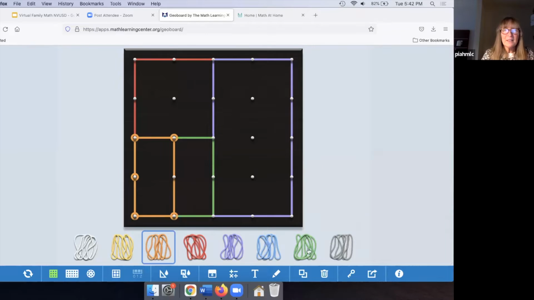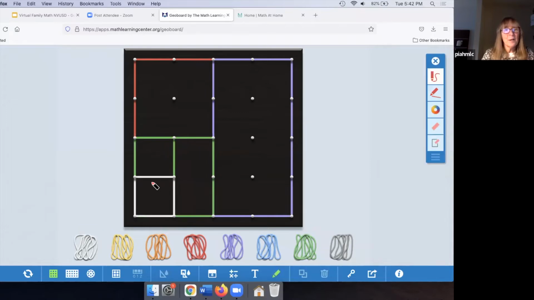And then finally, the half of an eighth, I can create another example of a 16th. So again, I have one of 16 parts on the geoboard. I have 1/8 of the geoboard, and this would be 1/4, and this would be 1/2.